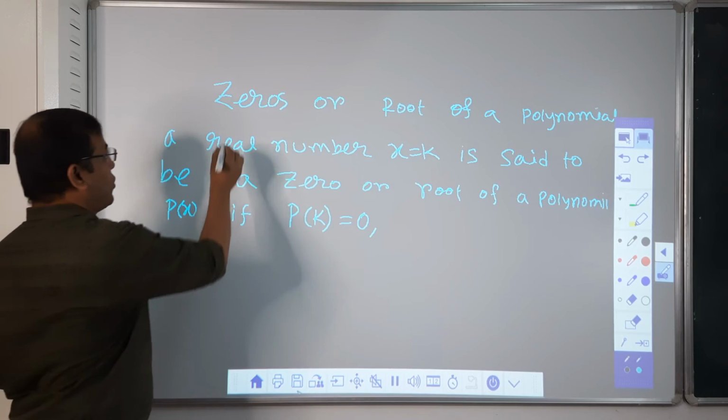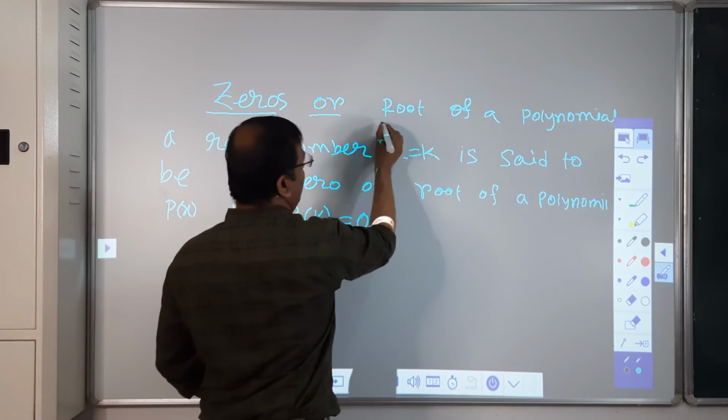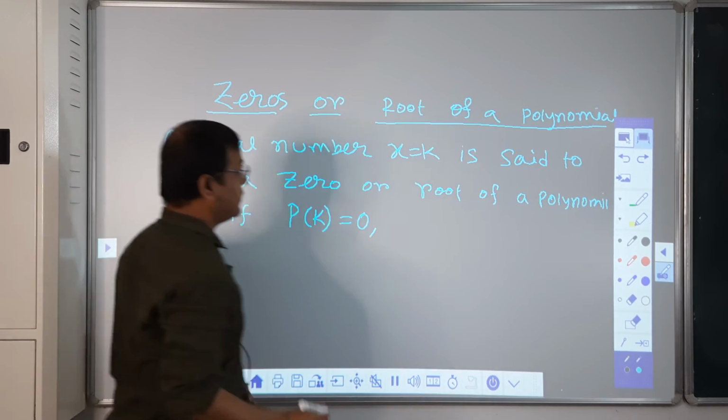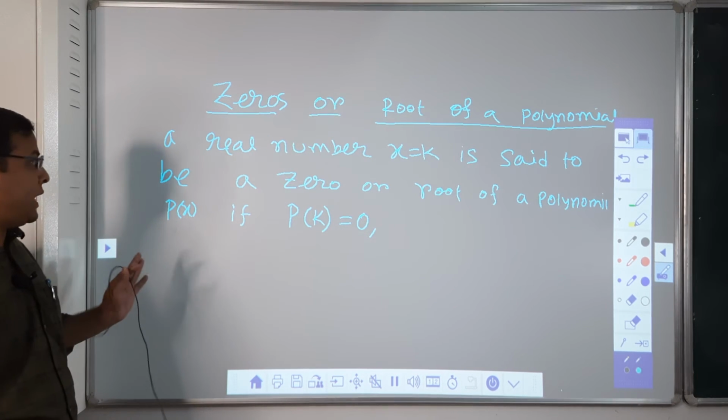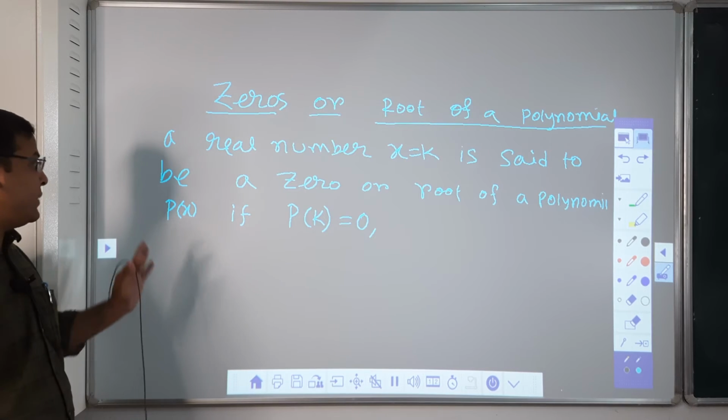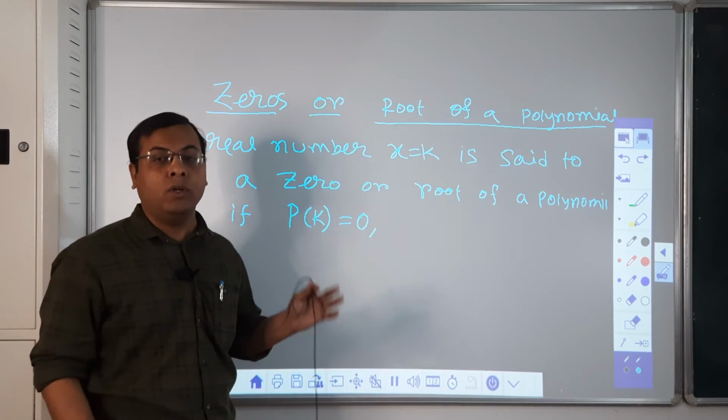So, zeros or root of a polynomial means a real number x equal to k is said to be a zero or root of a polynomial p(x) if p(k) equal to 0.